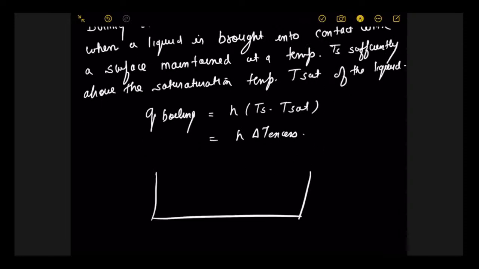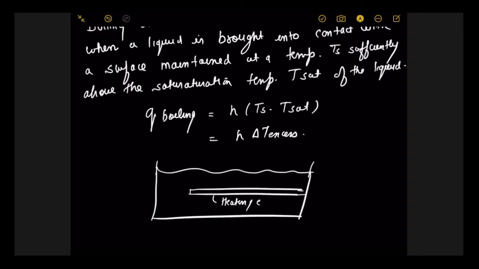So here you have a container, and here you have a heating element. Water, Tsat equals 100 degrees centigrade, and this surface is at 110 degrees centigrade.